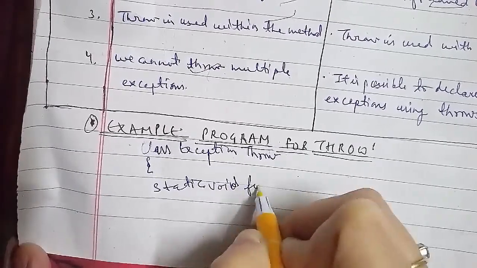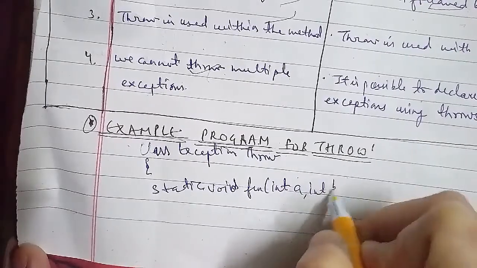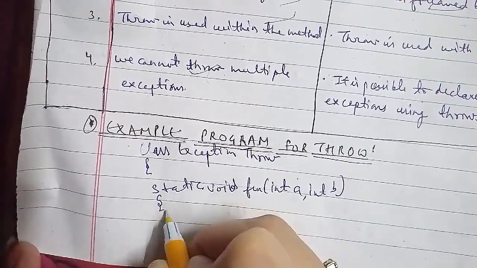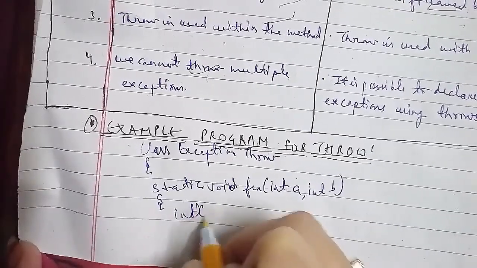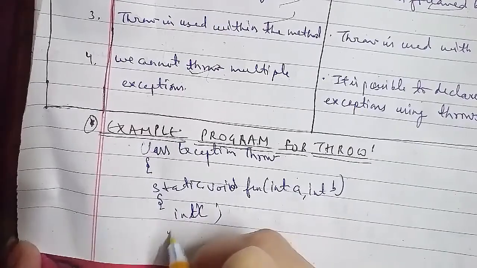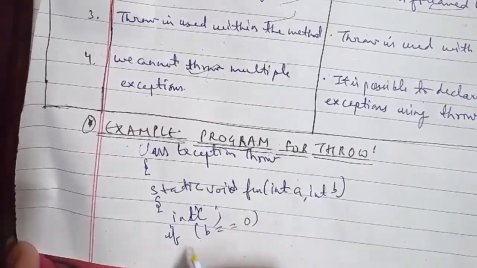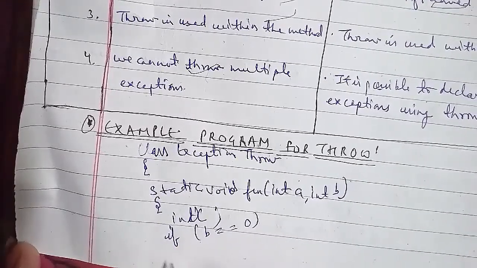If b equals 0, then throw new ArithmeticException, that is divide by 0. Else, we'll just write throw new ArithmeticException divide by 0.